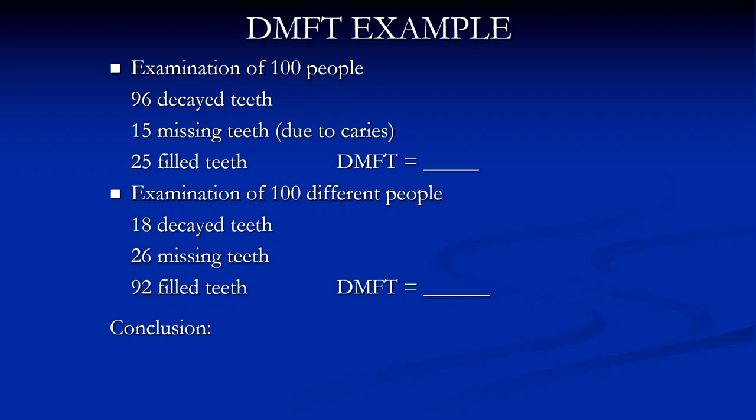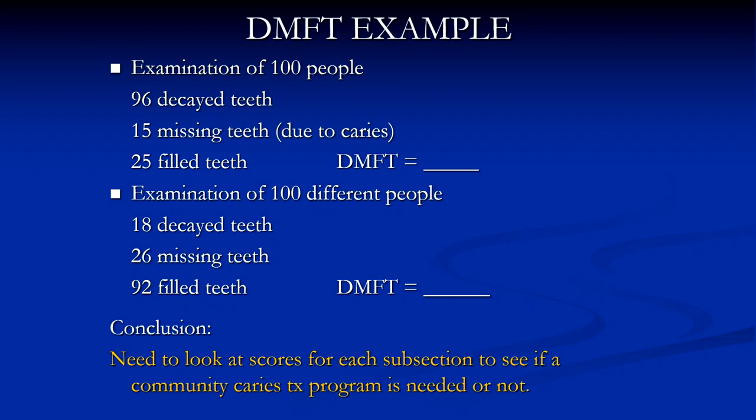So the second group of people, the D3s, are actually a lot healthier because they're not in active decay. We see that they have a lot of past decay, but they have gotten those filled. So they've gotten the disease taken care of, basically.